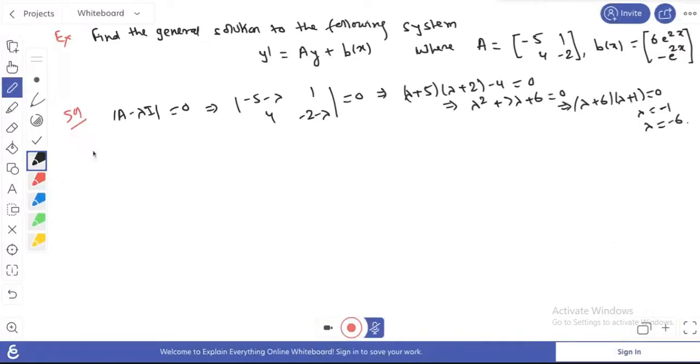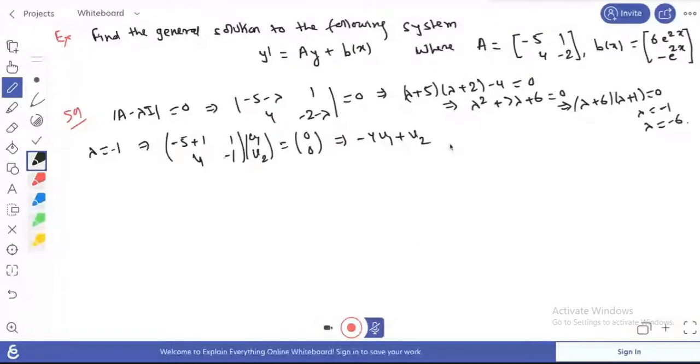For lambda equals minus 1, your matrix is this, and if the eigenvectors are v1 and v2, it equals 0 0. Here you get one equation, plus v2 equals 0, and the second equation is 4v1 minus v2 equals 0.